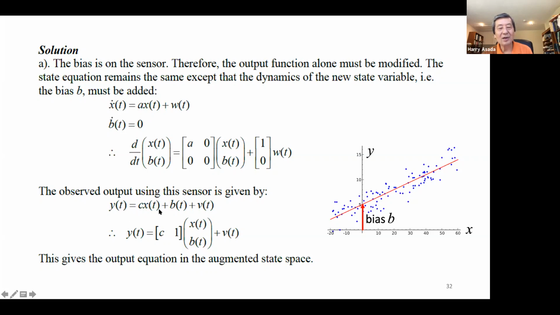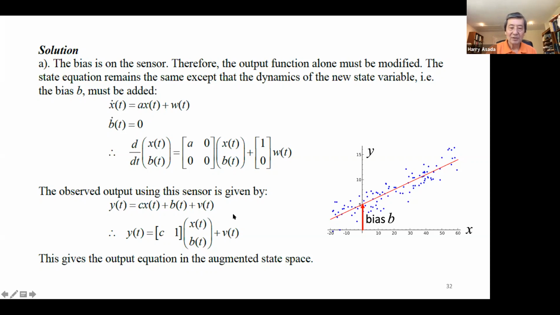You can replace the original measurement equation by this expression, where we have the state variables x_t and the new state variable b_t altogether. Combining this, we can write it this way: the augmented state is x_t, b_t. To create this expression, you form this vector, C times x_t plus b_t. So this is our new H matrix, this is our F matrix, and this is the G vector.